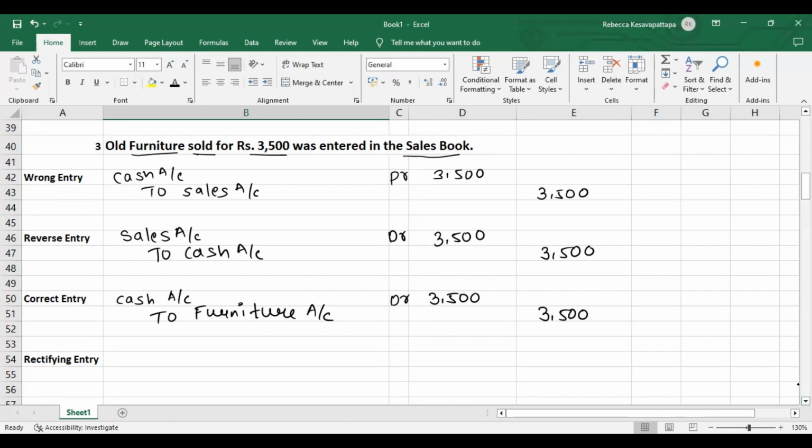Now what is the rectifying entry? Cash credit and cash debit will cancel. Sales account debit to furniture account, 3,500.